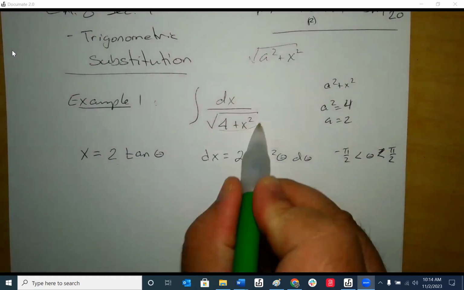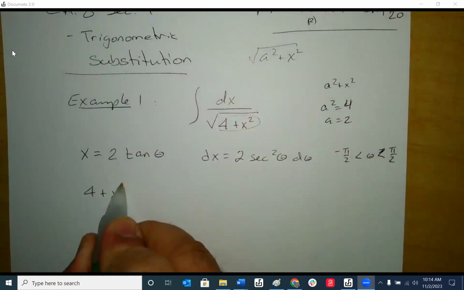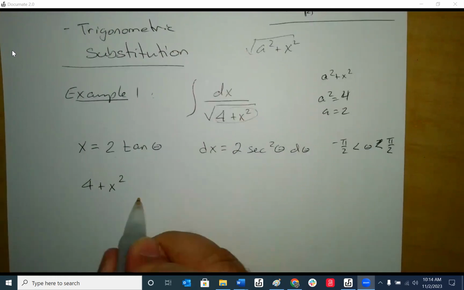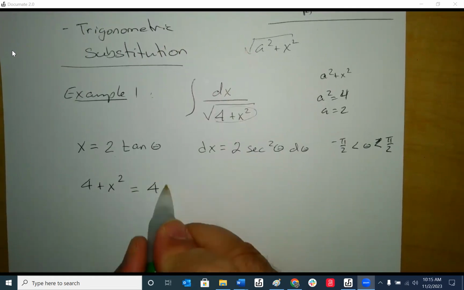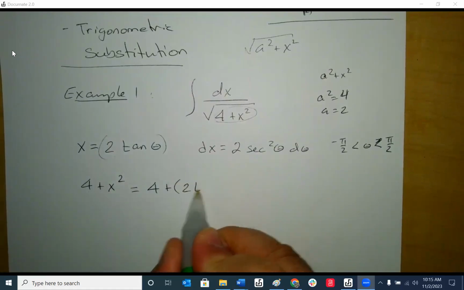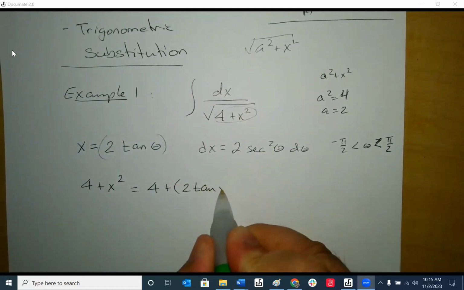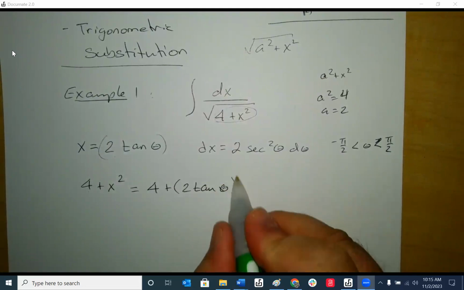So inside here, we have 4 plus x squared, which is equal to 4 plus x, which is 2 tangent theta, squared.